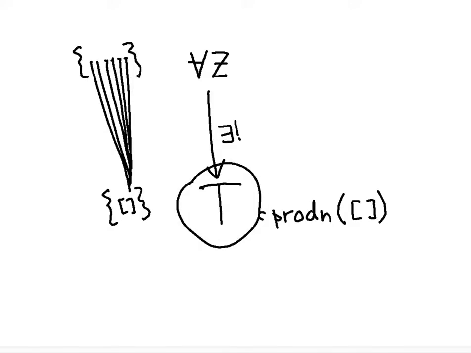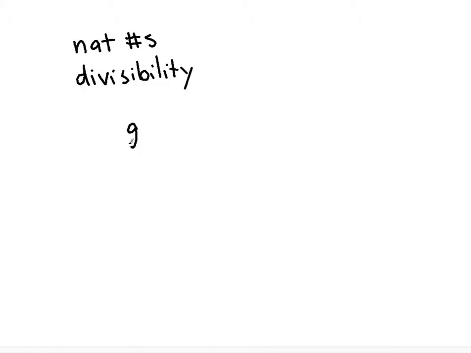Let's think about some other terminal objects in other categories. All right? Well, say we have natural numbers under divisibility. So, natural numbers and divisibility. And we saw that the product, the binary product, was called GCD.